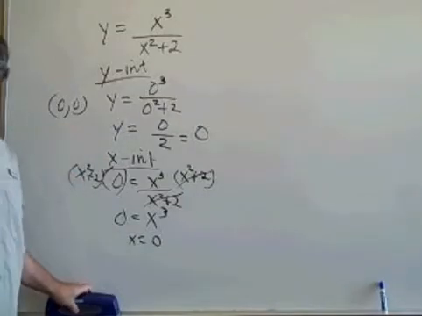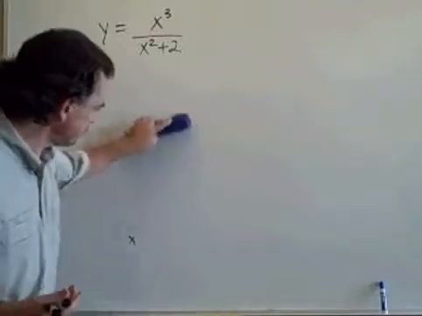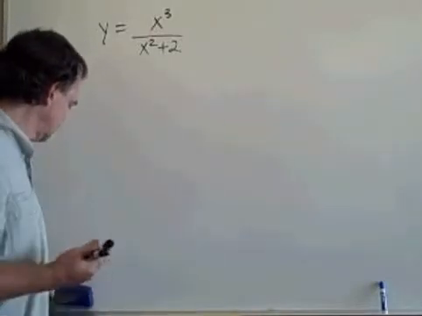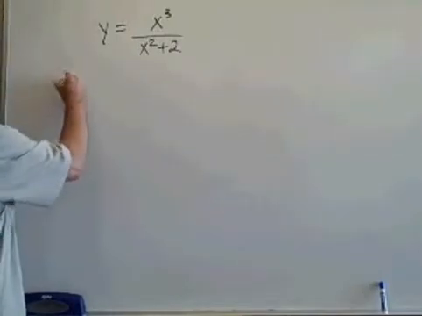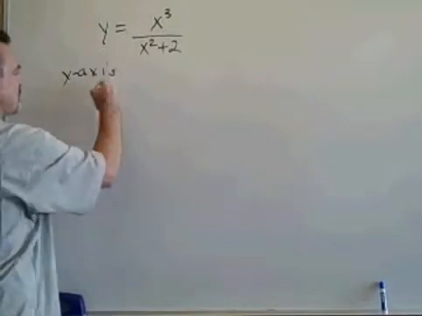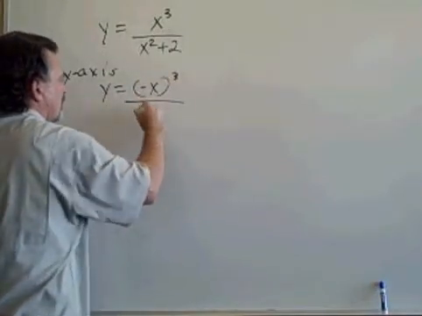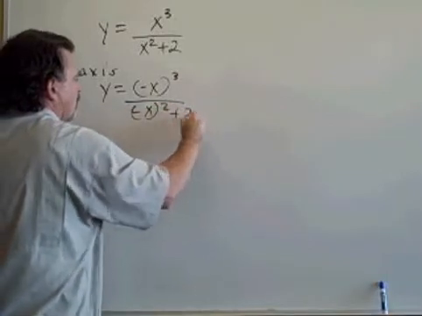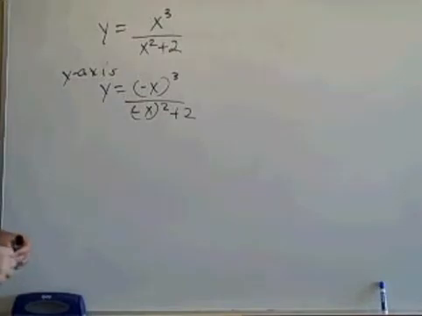Now, let's analyze it in terms of symmetry. To test for symmetry with respect to the y-axis, I'm going to replace x with minus x and see if I can get back to the original equation.